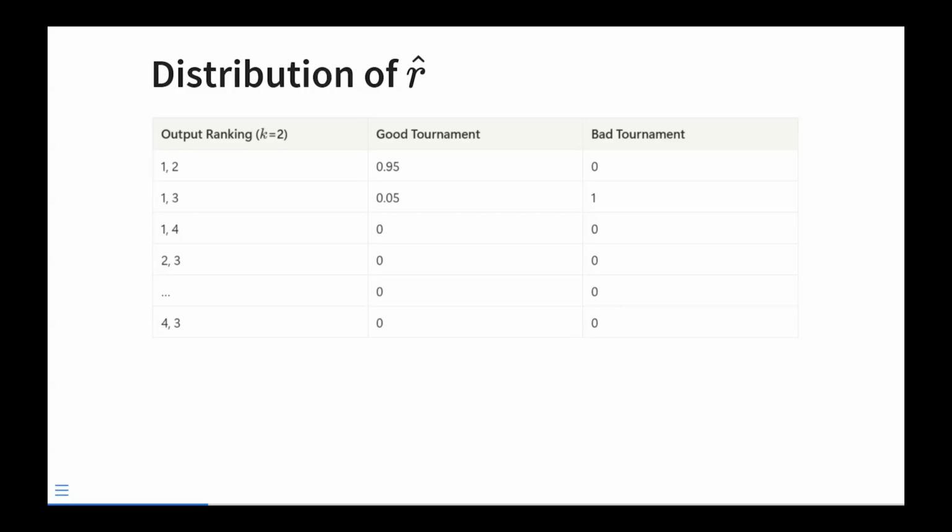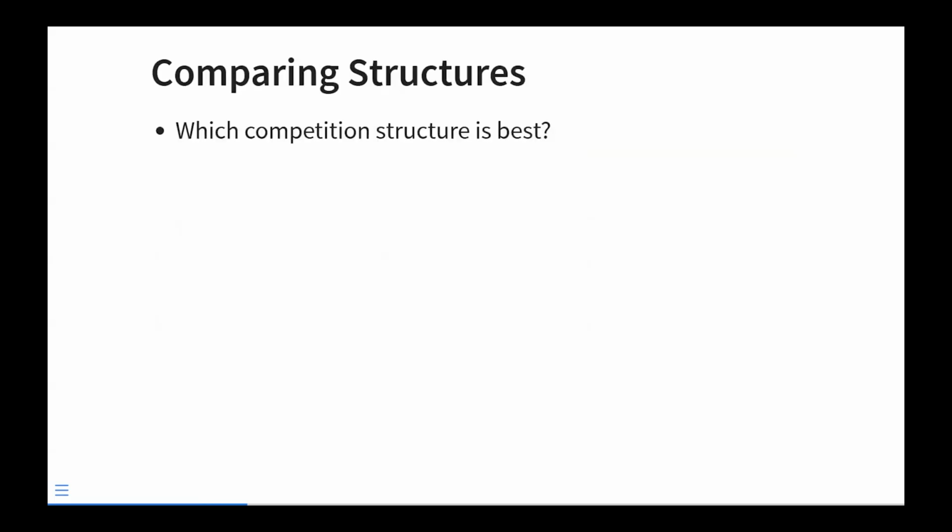And then we'll get 1-3, 5% of the time if the middle schoolers beat the work group. But for the bad tournament, since the 1 seed plays the 2 seed in the first round and the dream team is never gonna lose to them, those 2 ranks can never be 1-2 in the finals ever. So it's not as good as a tournament. We'll always get 1-3 as our top 2 teams.